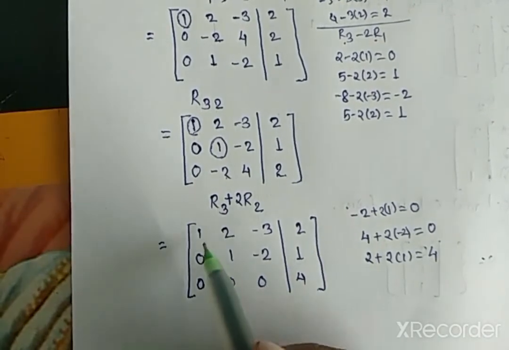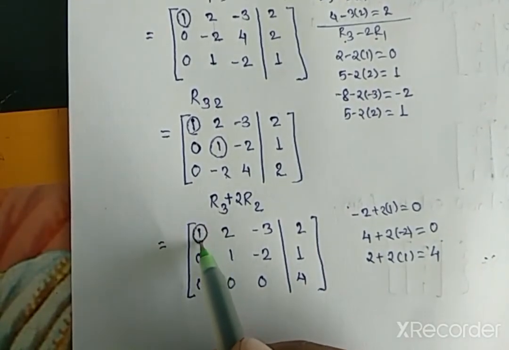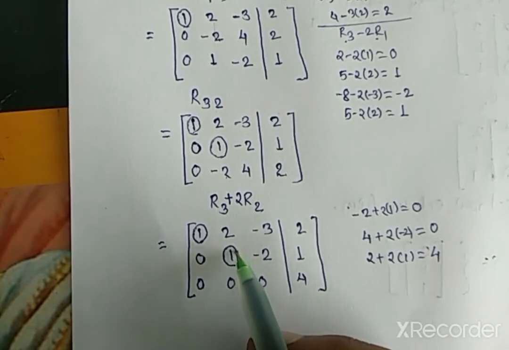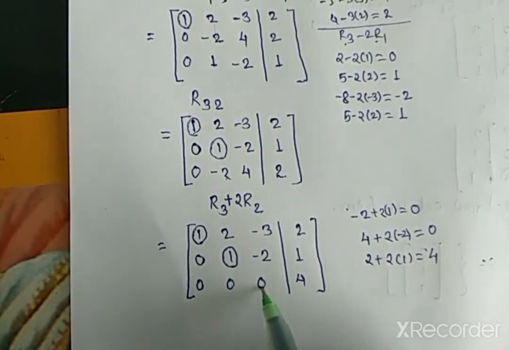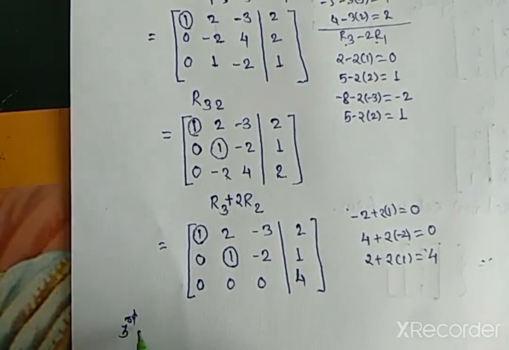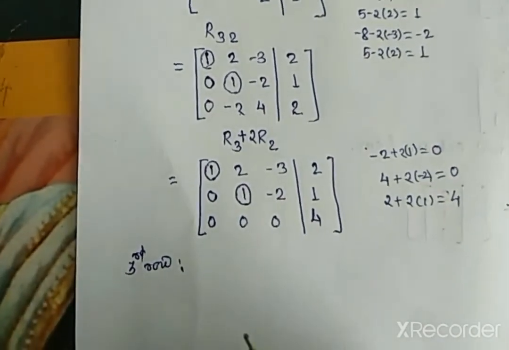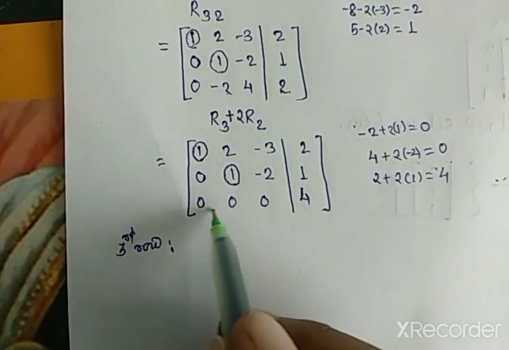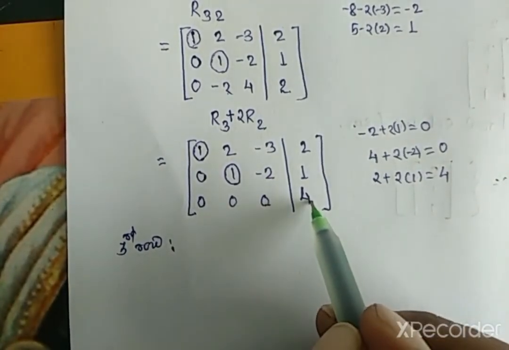If we observe here, it is our next leading 1. For the third row, if you observe, the left side is all 0 and the right side is non-zero.